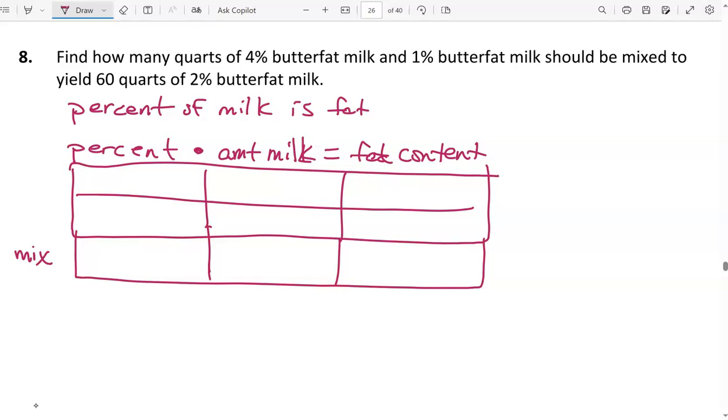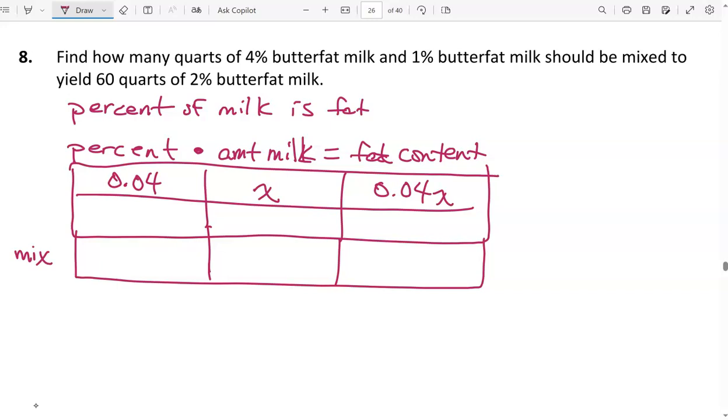And the percent of butterfat is 4% for the first part that we're mixing together, and we don't know how many quarts of that we're going to use, but using our equation at the top, the amount of fat content is 0.04 times x.